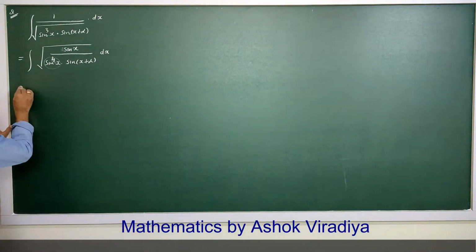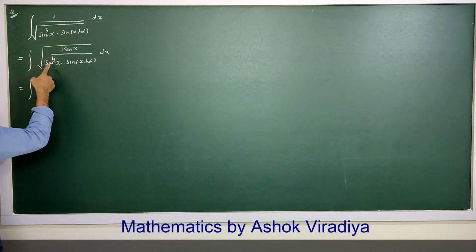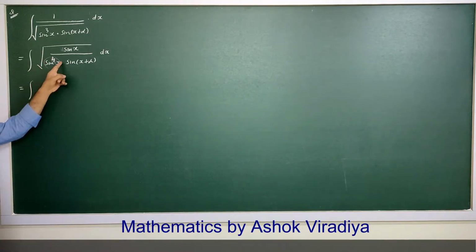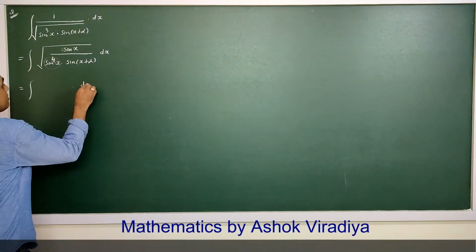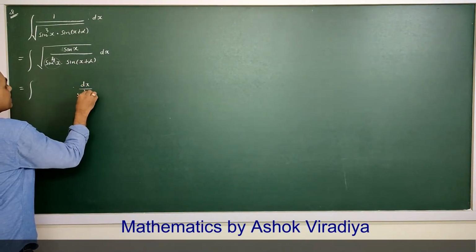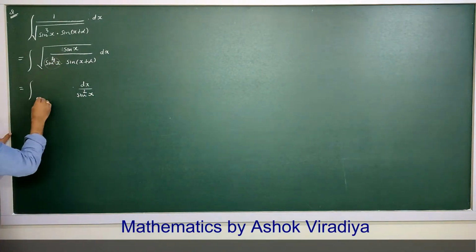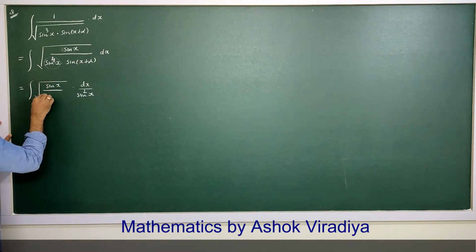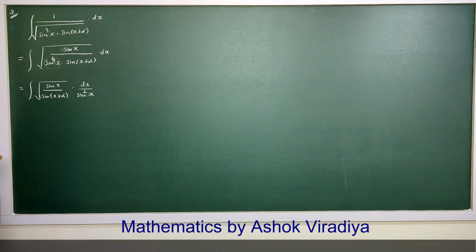So this becomes 1 by sin^4 x, it's a square root, this is in square root. So taking out, it becomes dx upon sin²x. This is taken out. Now what is left in this radical sign? sin x upon sin of (x plus alpha). This is left.